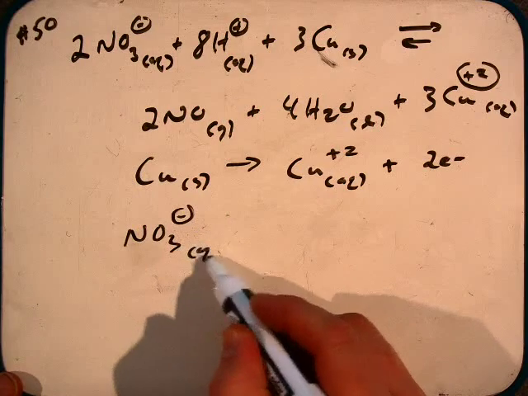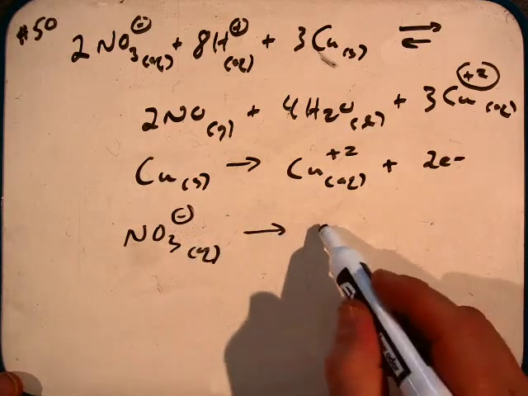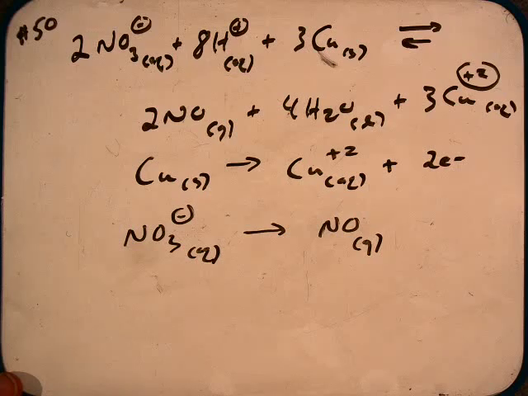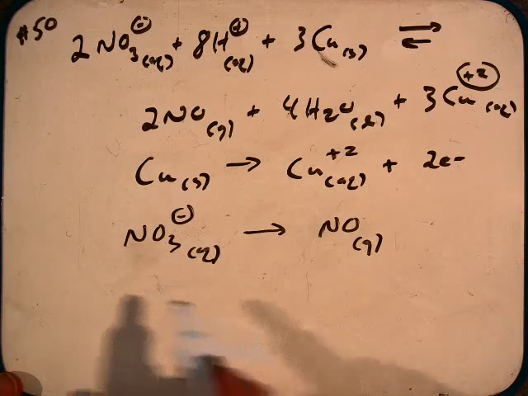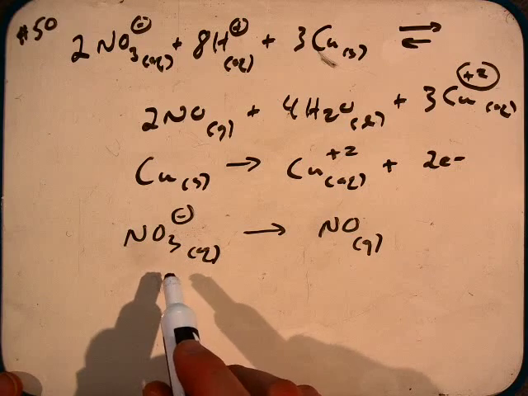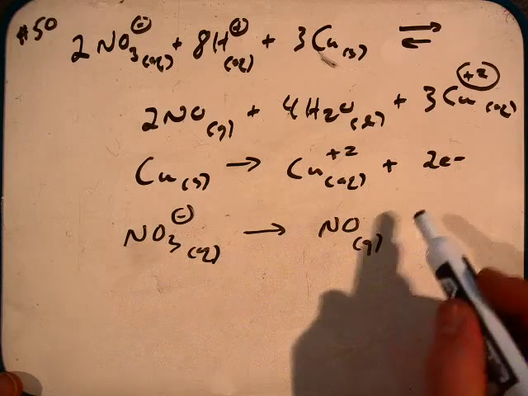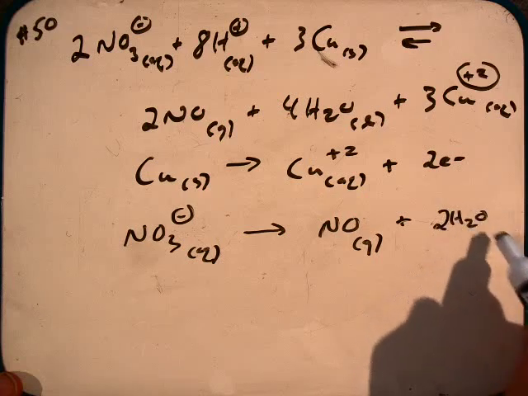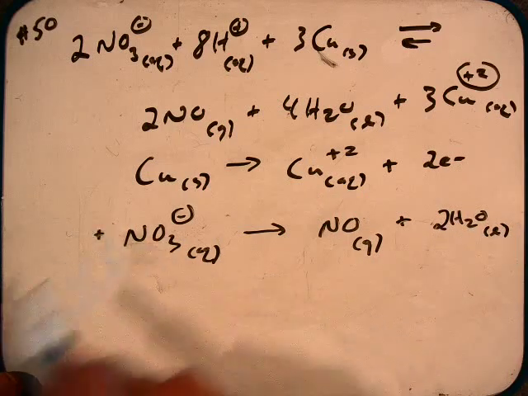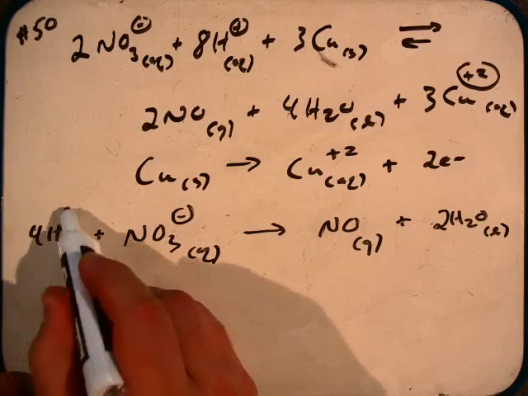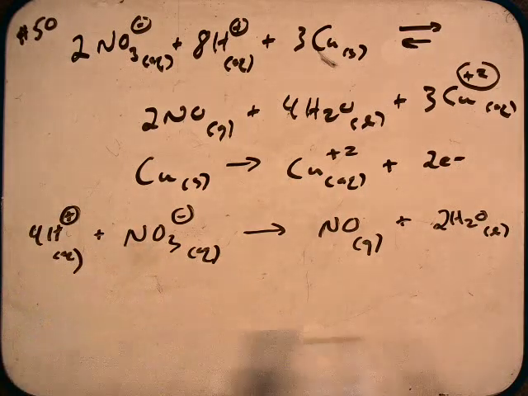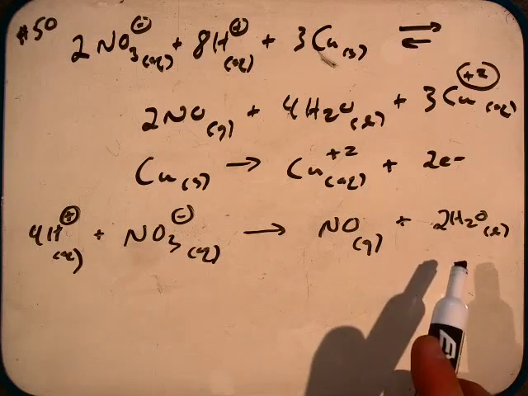Then that means that our nitrate that's aqueous is going to be reduced to nitric oxide as a gas. If we balance that process out, we'd have to add 2 H2O's, and then we'd have to add 4 protons to get this balanced as far as our atoms.